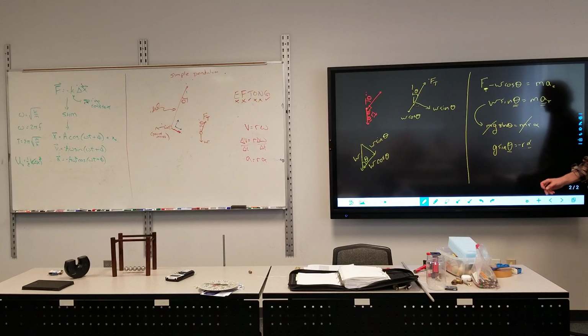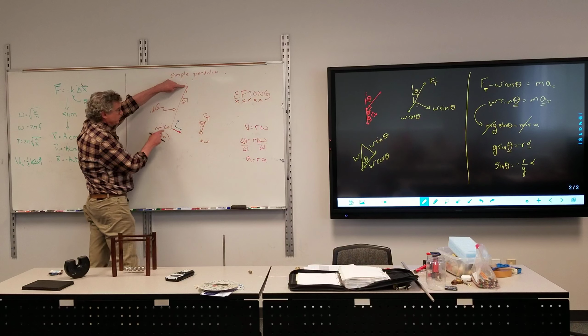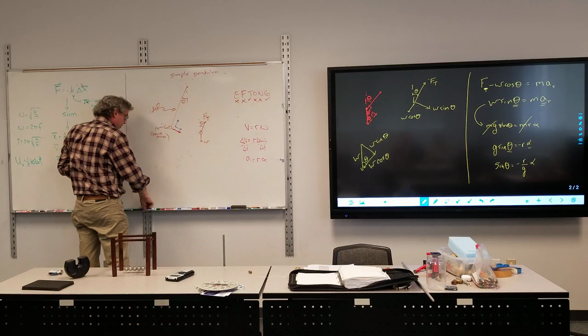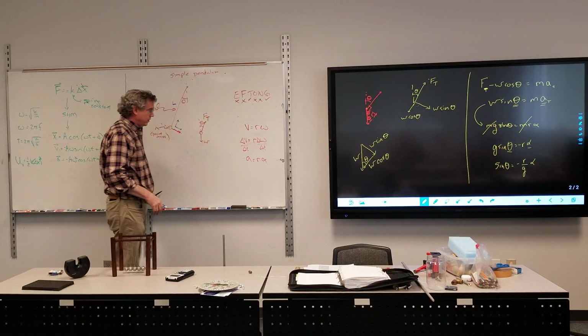And so I put the negative sign in there, and now we have sine theta is equal to negative r over g alpha. And r is just the radius of curvature. In other words, it's the distance from our fulcrum to where the mass is. And let's go with a traditional, we'll just call that L for length.